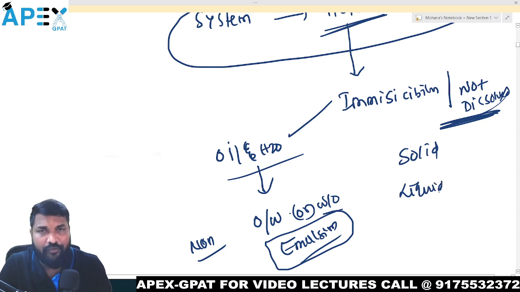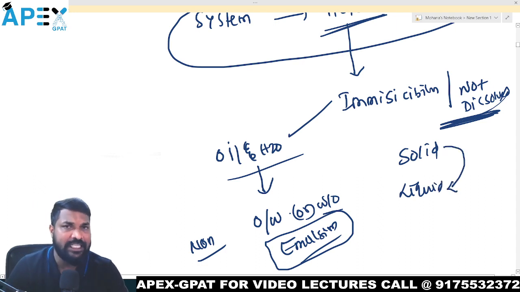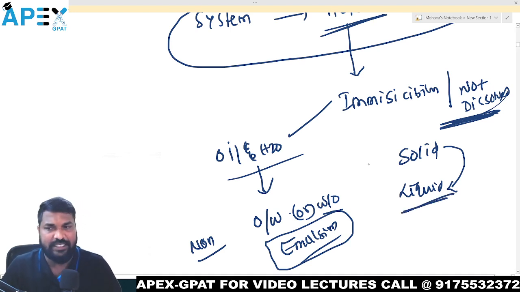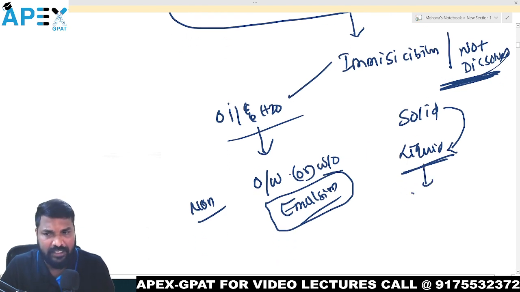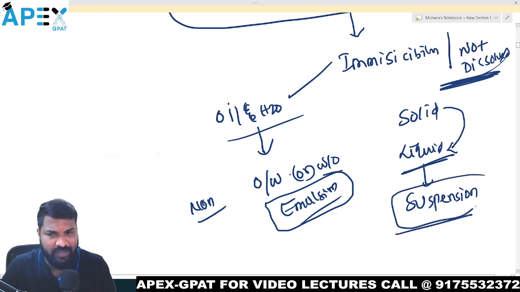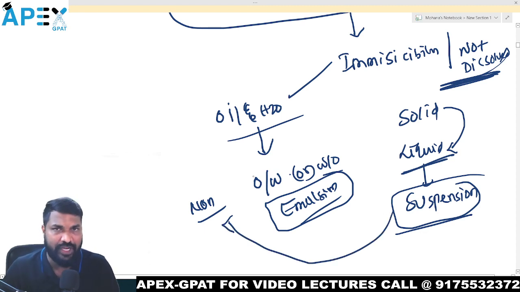The solid is dispersed in the liquid but is not completely miscible; the solid is not completely dissolved in the liquid. Where can you see this condition? Right answer, in the suspension. So suspensions exhibit what type of flow? Again, the answer is non-Newtonian flow.